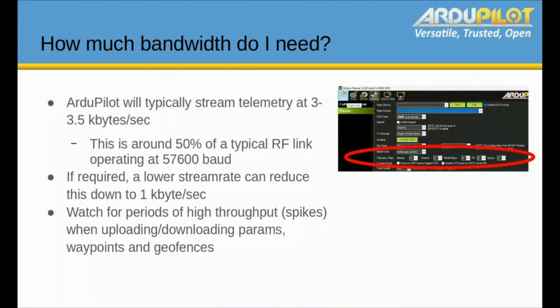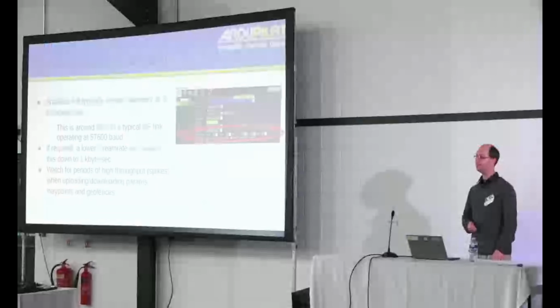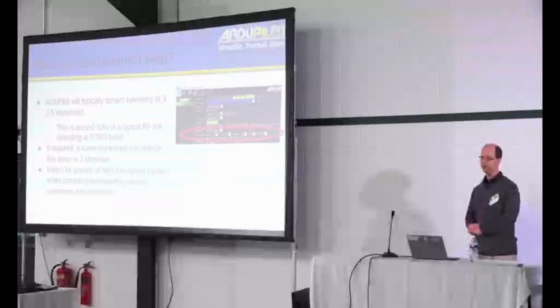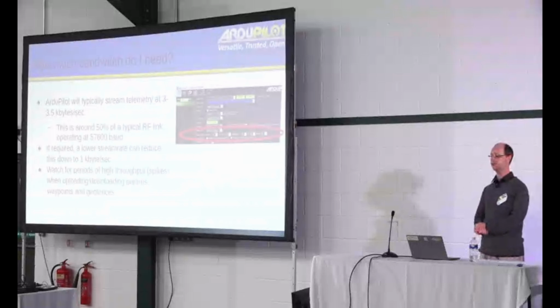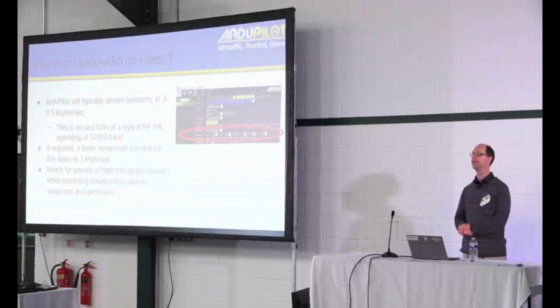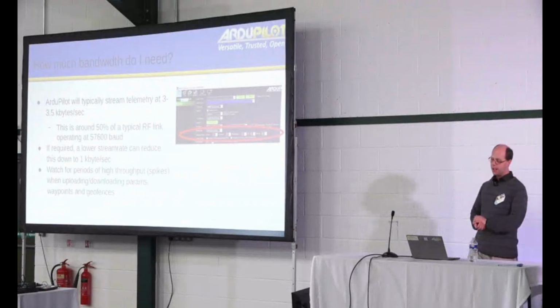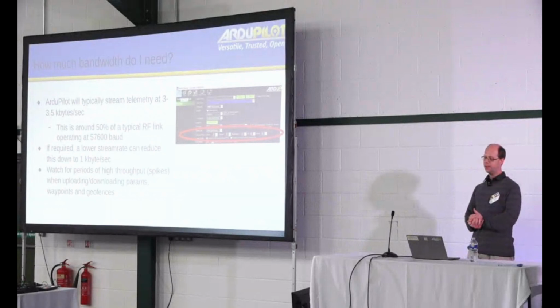The default for most GCSs is 4 Hertz, so it will send the aircraft status down to the GCS 4 times per second. You can make this bigger or smaller depending on your needs. If you take this down to 1 Hertz, your MAVLink data rate usually goes down to about 1 kilobyte per second. That's 1 kilobyte per second during normal steady state flight.